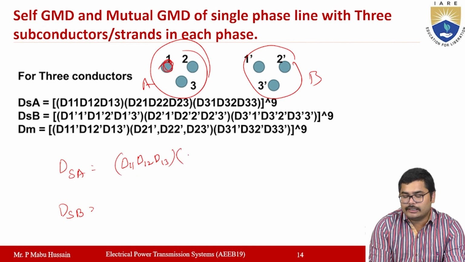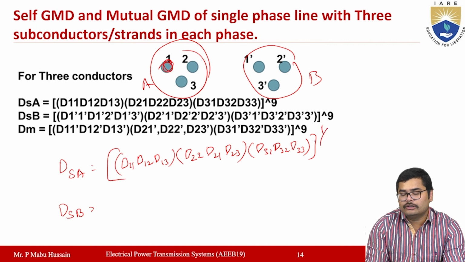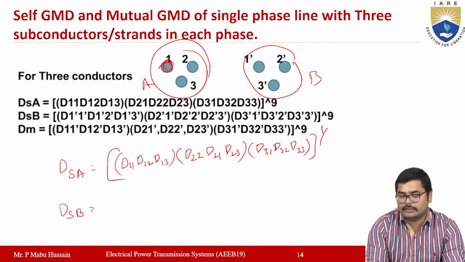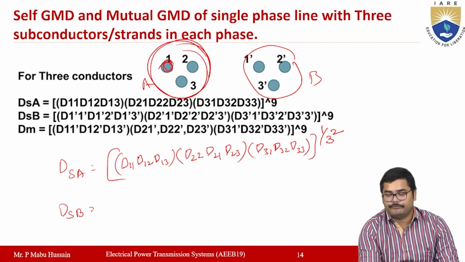If you consider the second subconductor D22, D21, D23. If you consider the third one D31, D32, D33, whole to the power of 1 by total number of conductors whole square. In conductor A you will have 3 subconductors, so 3 square, which is 9.